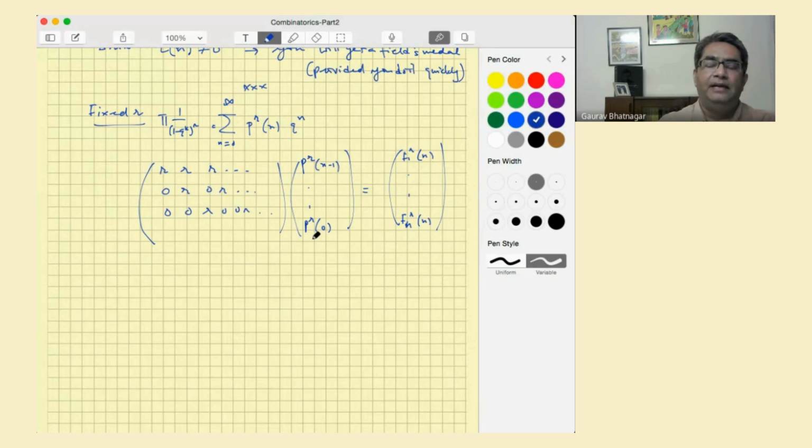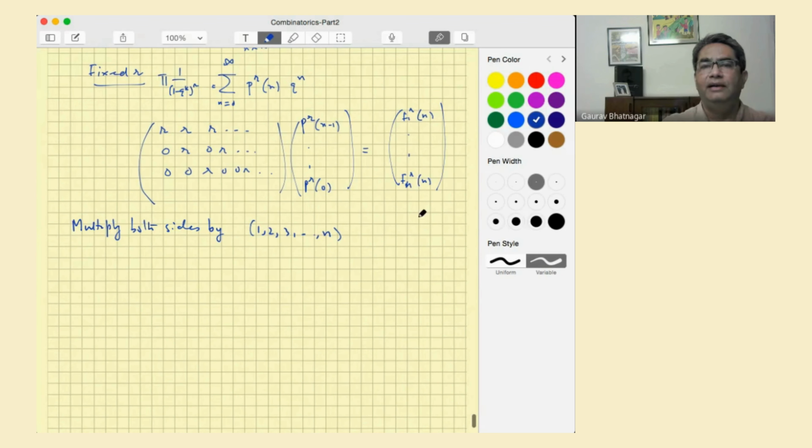I hope by doing the homeworks you have become somewhat familiar with this type of equation. What I'm doing right now is I'm going to multiply both sides by 1, 2, 3 up till n, this vector, and then I'm going to sum over all the columns.